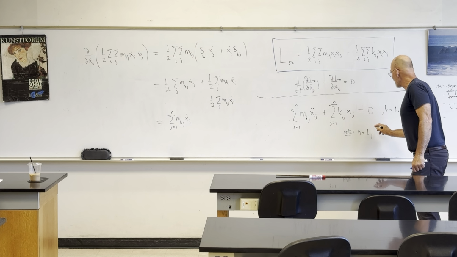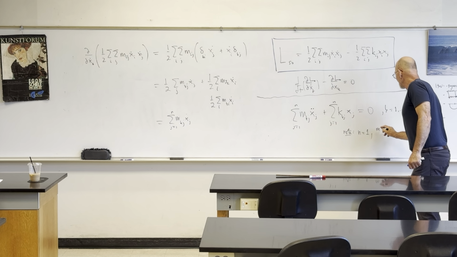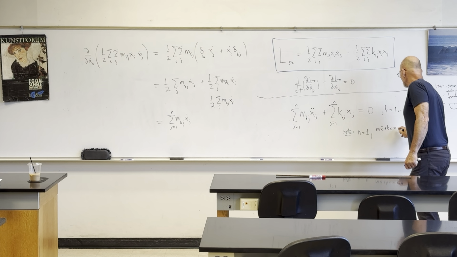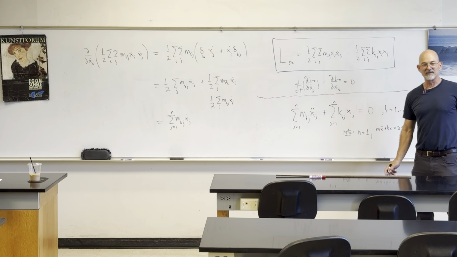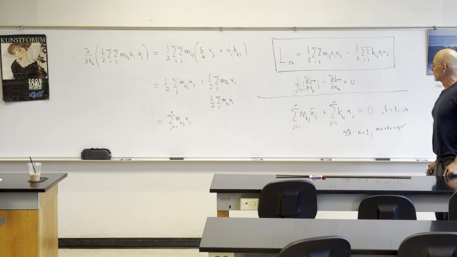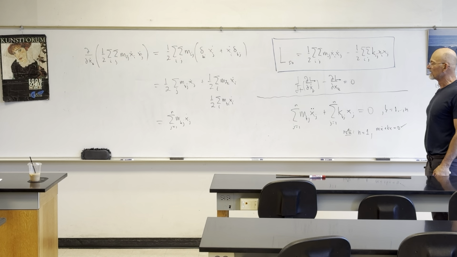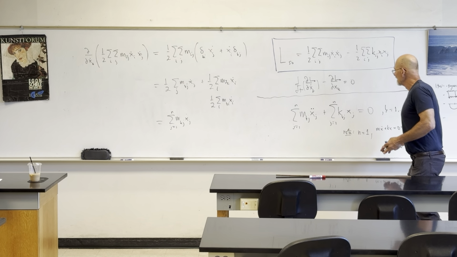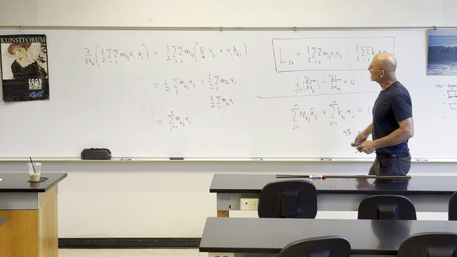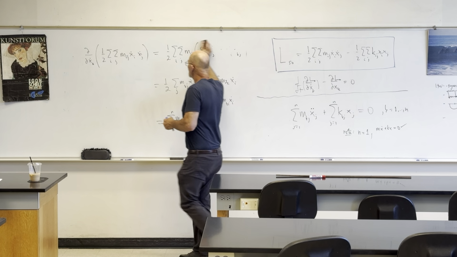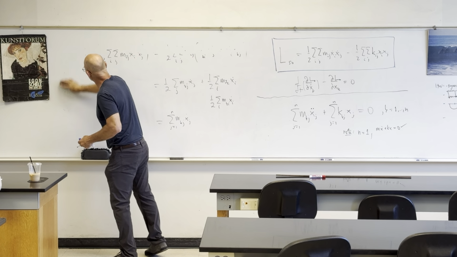If n equals 1, we just have m x second derivative plus k x equals 0. Simple harmonic oscillator. So what we have here is coupled oscillators. And the way to make sense of this is to pull the summation out in front.